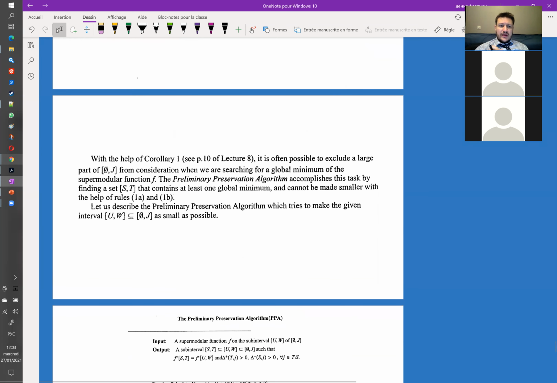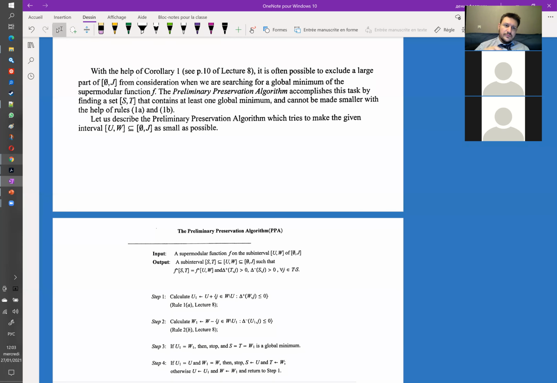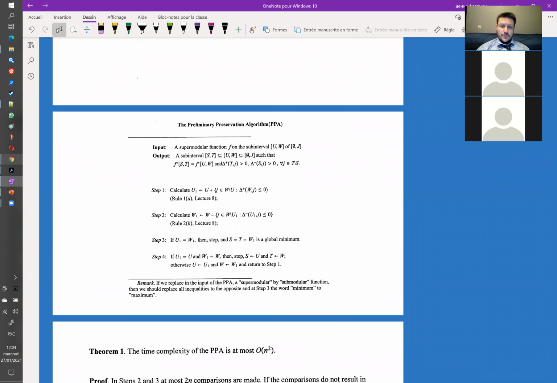Okay, and for this supermodular function f, we can use a preliminary preservation algorithm for the solution. And there is a description of this algorithm. So we have a supermodular function f on a subinterval, some interval.